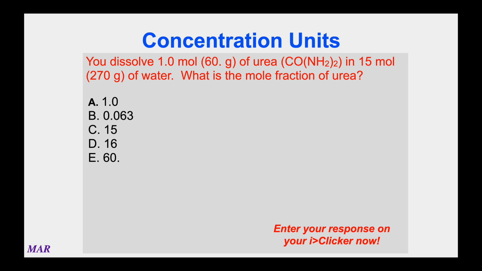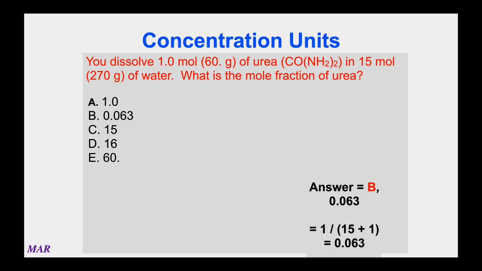The mole fraction of urea would be moles of urea on top divided by total moles. So urea, we have 1 mole of it. We're going to divide it by total moles, so that would be 1 mole of urea plus 15 moles of water. Mathematically, it would be 1 divided by 16, and that answer comes out to be 0.063.